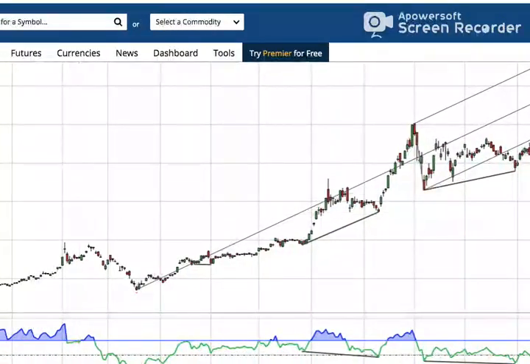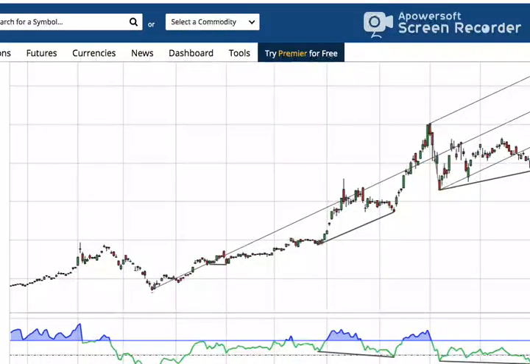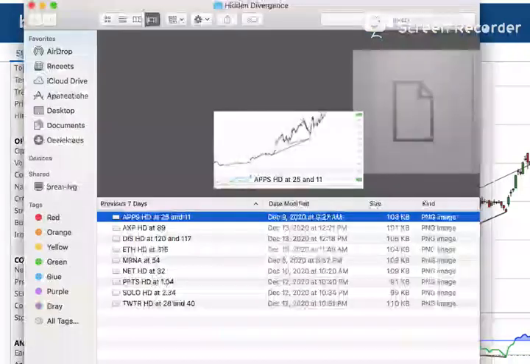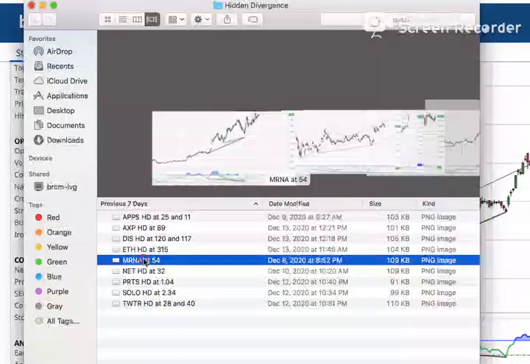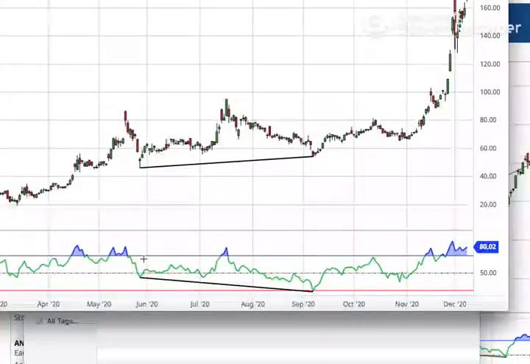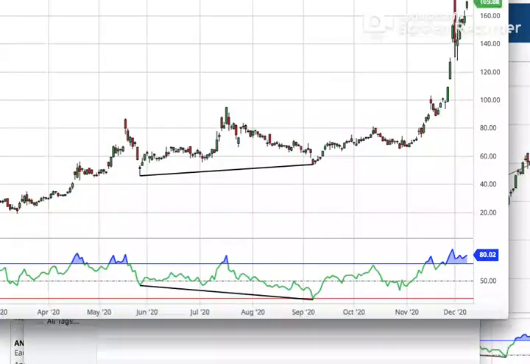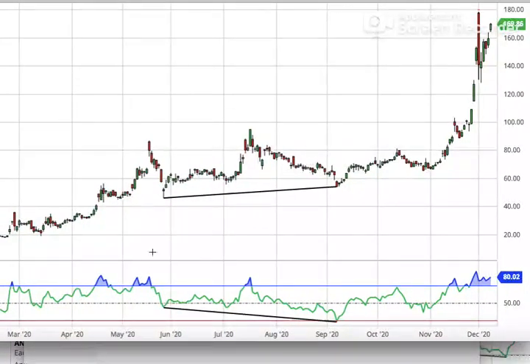Okay, so I've got a few examples for you guys in this little folder. The first one we're going to look at is Moderna. Moderna is going to show that a pretty cool thing about this concept is that you can visualize the upside potential for your next trade. Moderna is making a higher low in price, but the relative strength index is making a much lower low.